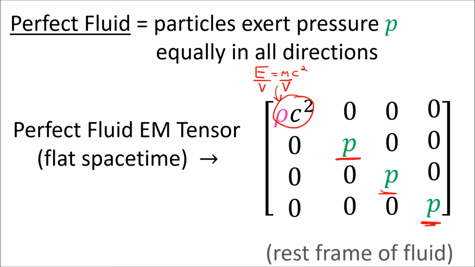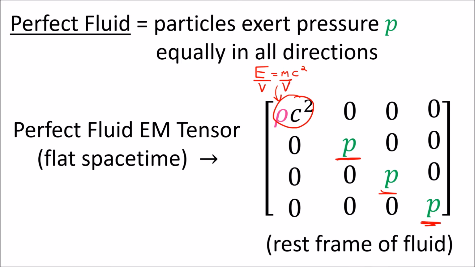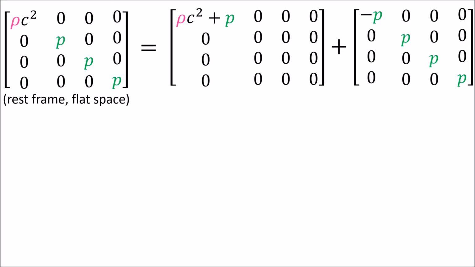And I should also mention that the components you see here in this matrix are measured relative to the rest frame of the fluid. So it's measured in a reference frame where the fluid is stationary and not traveling through space. Now let's try and find the equivalent perfect fluid energy-momentum tensor for the curved spacetime of general relativity. First, we can take the matrix and write it as a sum of two matrices.